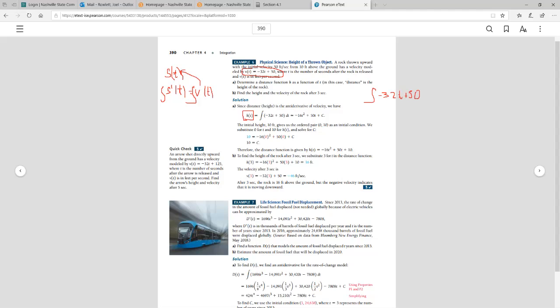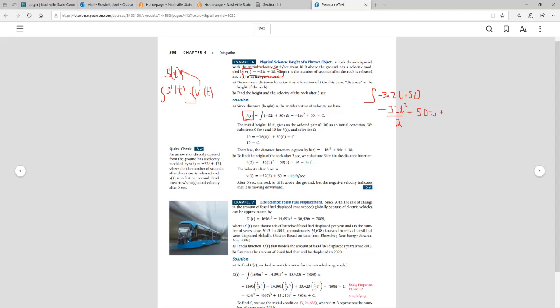If we were to evaluate the velocity, that would end up giving us -32t to the power of 2, because we're taking the antiderivative, and we would divide by 2, and then we would have to take the integral of a constant, in this case with respect to time, and that's going to be 50t, and then we have to put that constant on here.